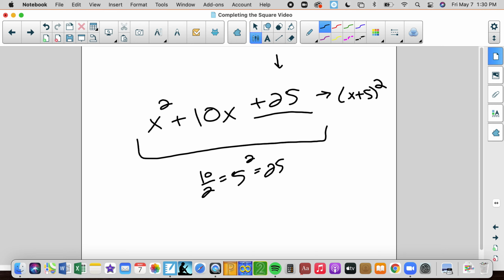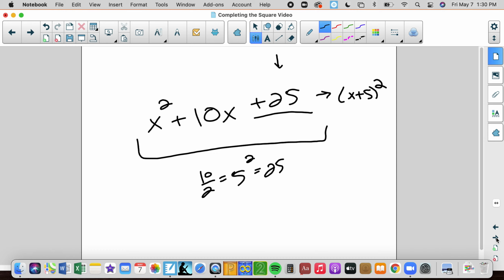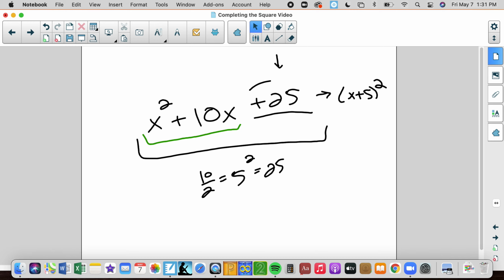So not only do we have to recognize when it is or isn't, but if we're given these two terms, do I know what constant value I would need in order to make the rest of that expression a binomial square?